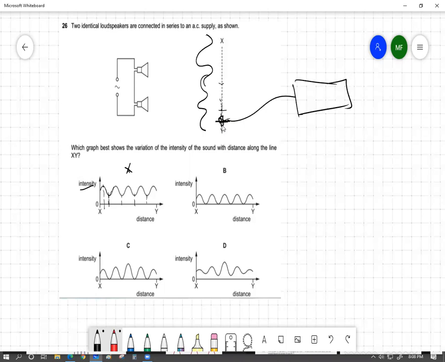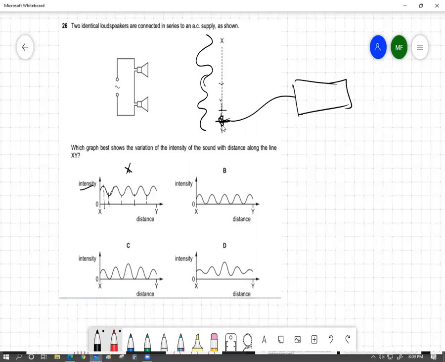Bigger amplitude leads to what property of the sound? You have learned three different properties in your O levels: pitch, loudness, and quality. So amplitude affects which of these properties? Loudness.